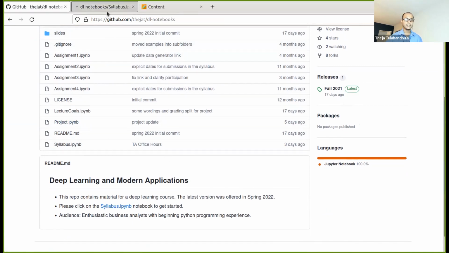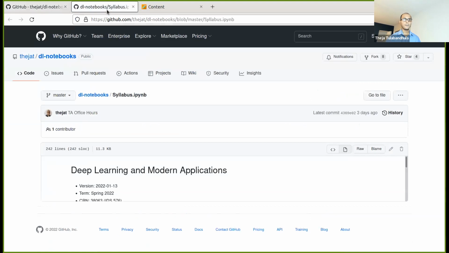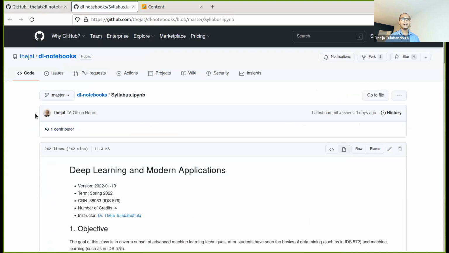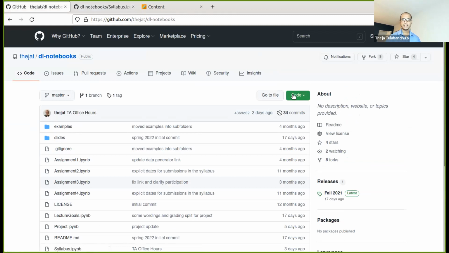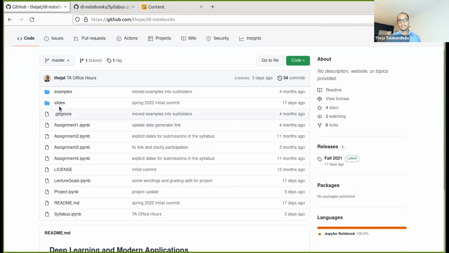One good thing you can do is clone this repository, and maybe towards the end we can talk about it. It has the examples, and also slides and assignment components. If you clone it, you can always git pull and get updates in case there are changes.